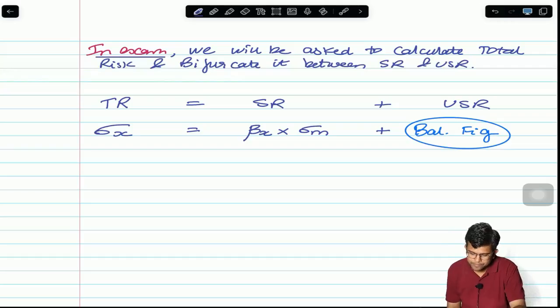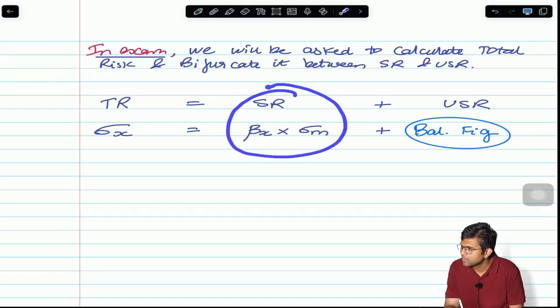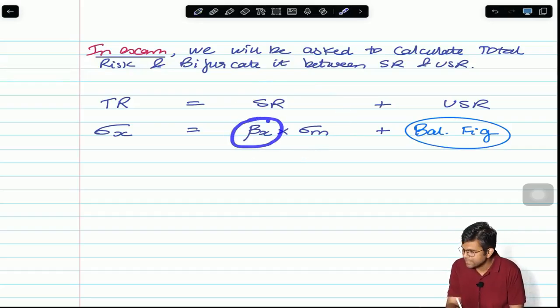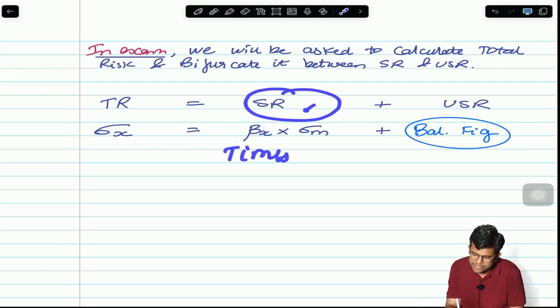Now, one thing one should ask. Sir, systematic risk is beta, no? Yes. Beta is an indicator of systematic risk, no? Yes. Then how is systematic risk like this now? Because children, please understand, beta is an indicator, but can I say beta is indicated as times? I want to know systematic risk as a percentage.